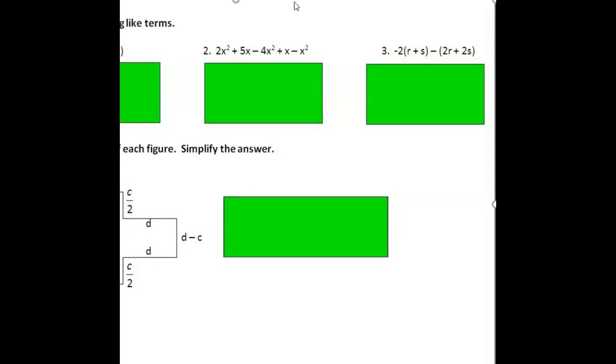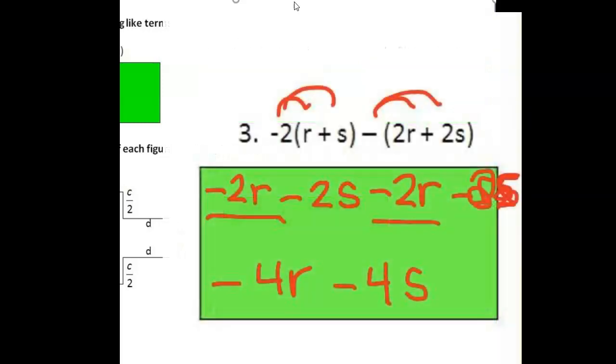And moving over to number 3, we have negative 2 distributed into R and S. And then the negative distributing into both as well.